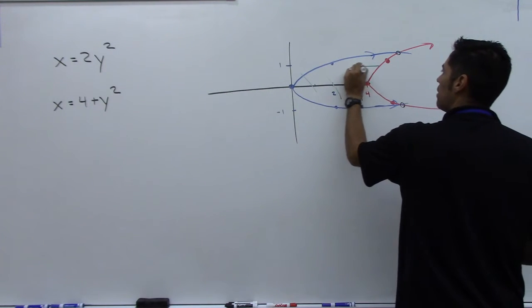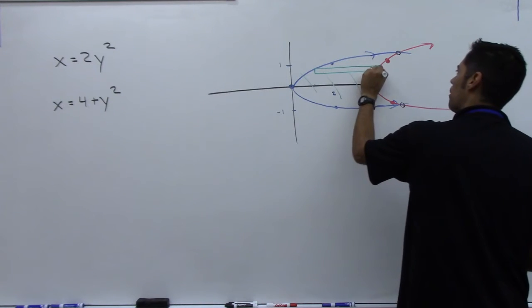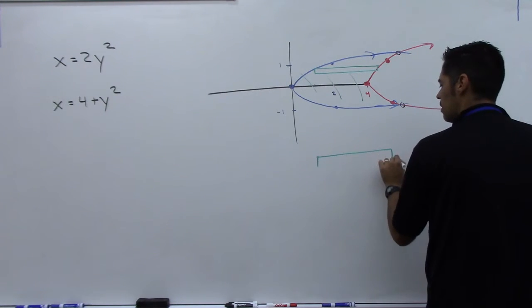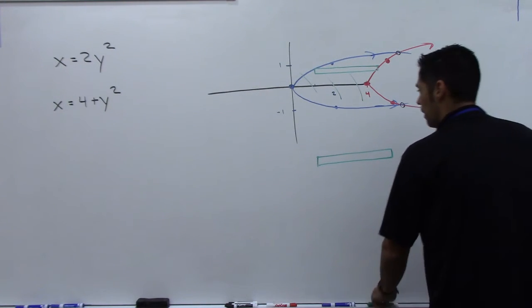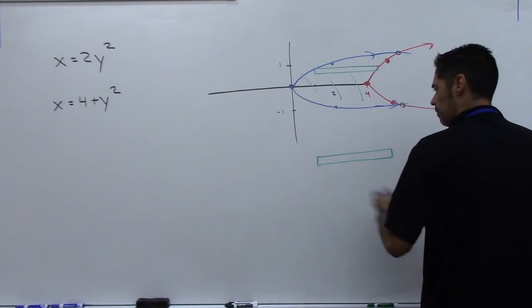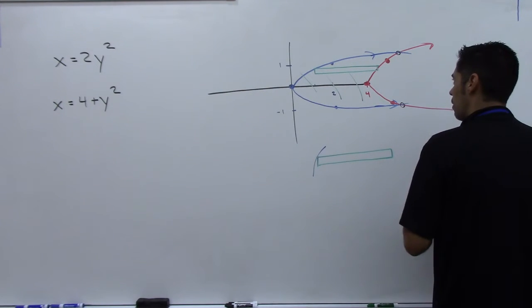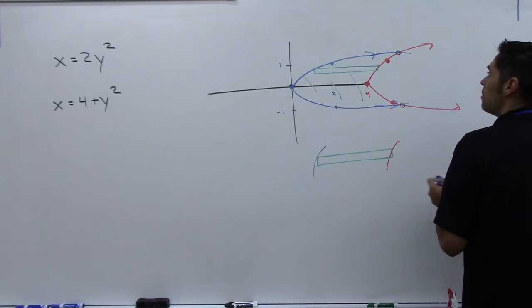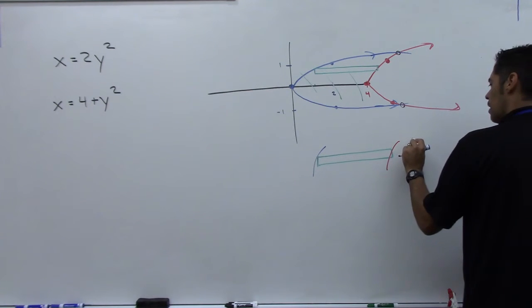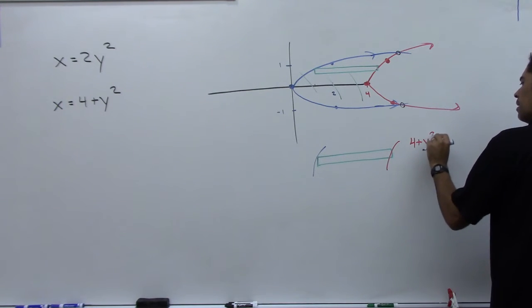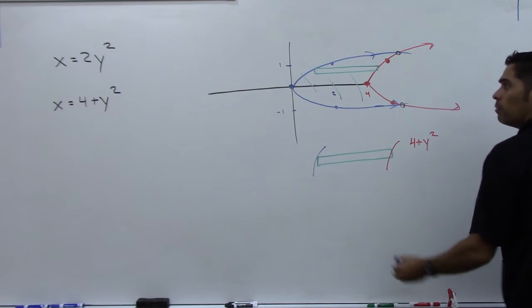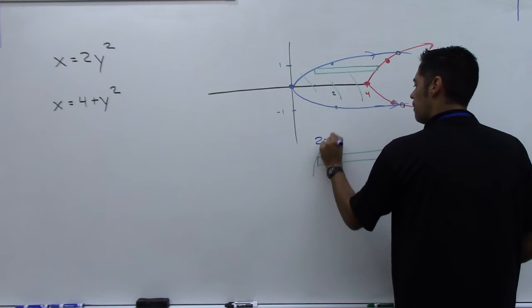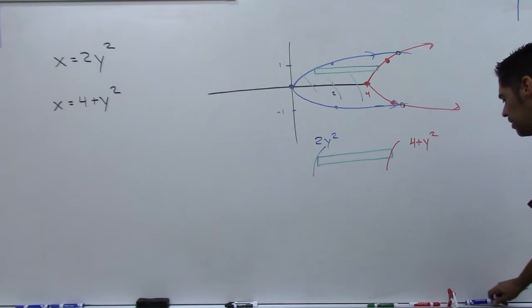A horizontal rectangle will work out perfectly. Take that horizontal rectangle like that. I'm going to have the blue curve on the bottom, the red curve on the top. The red curve was 4 plus y squared. The blue curve was 2y squared. So I already know how I'm going to set up my integral.